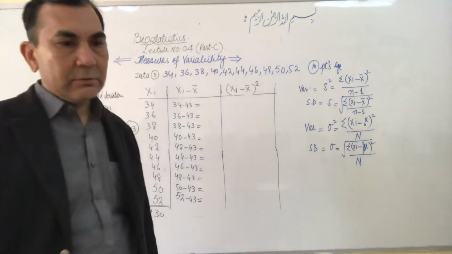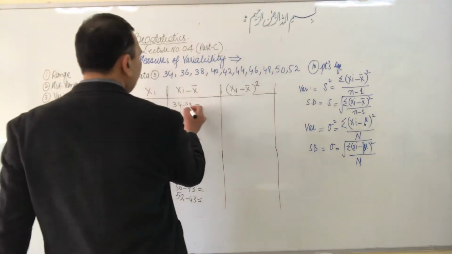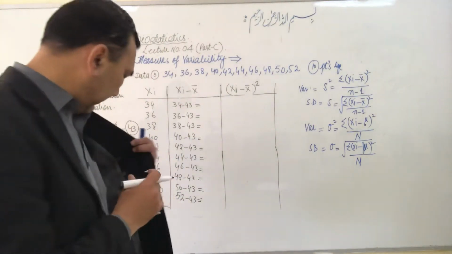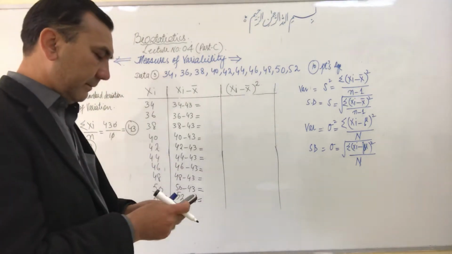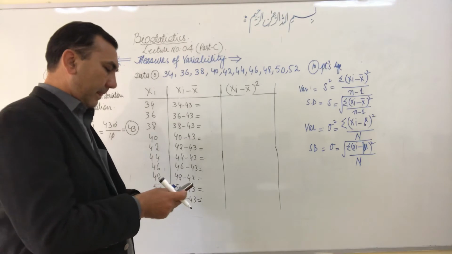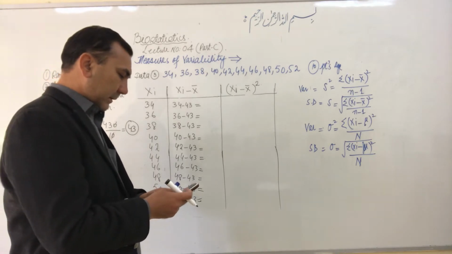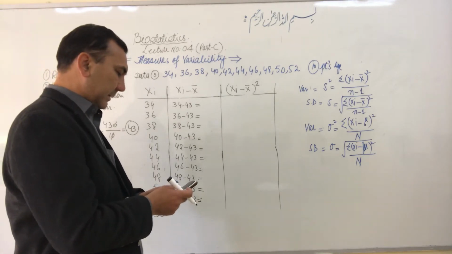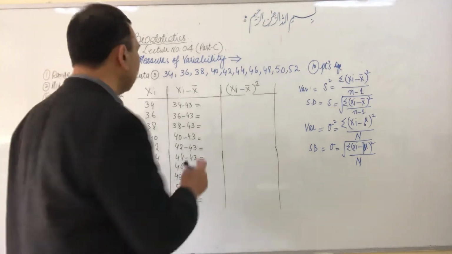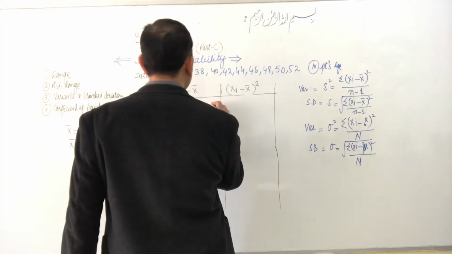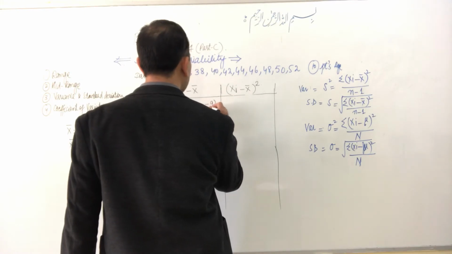If we calculate it, 34 minus 43 comes up with minus 9.